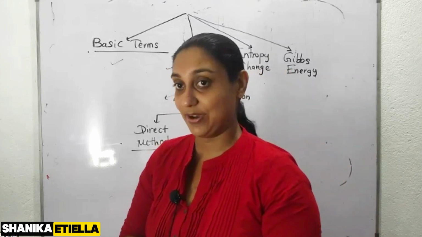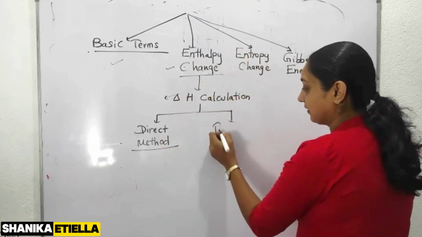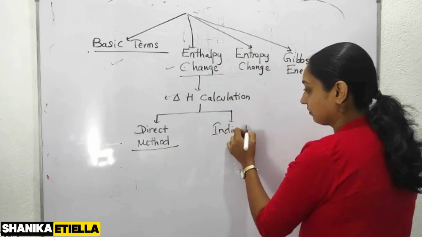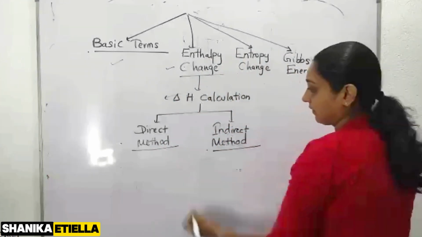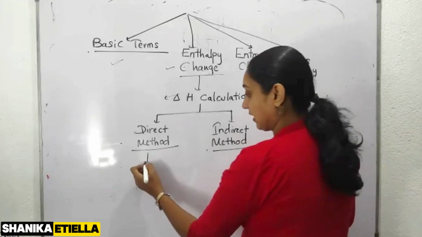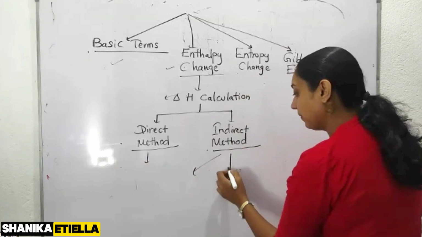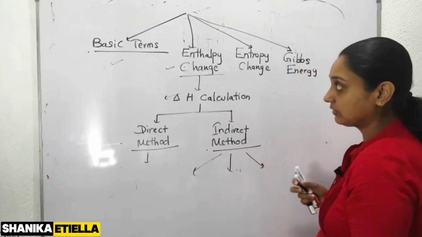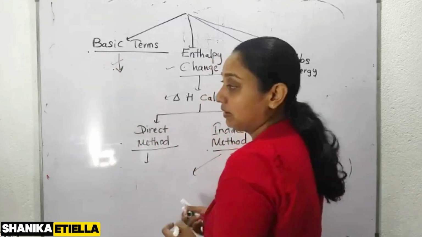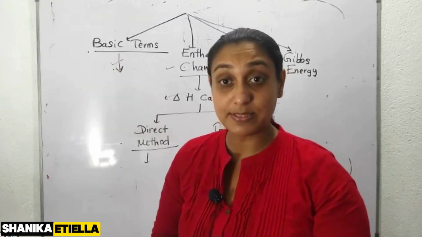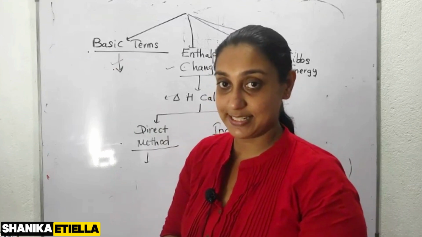Rebecca and Deborah, they are okay. Direct method and indirect method. In the direct method calculations, there is one equation. In indirect methods, you will have 2 methods to do the calculations for the delta H. For today's basic terms, you will go through the basic terms of the energetics lesson.